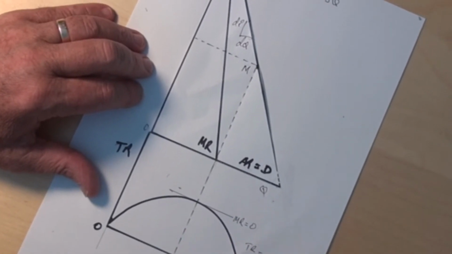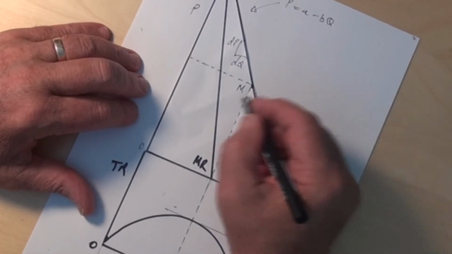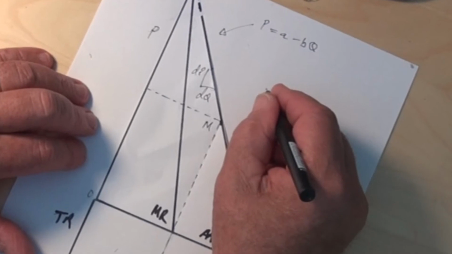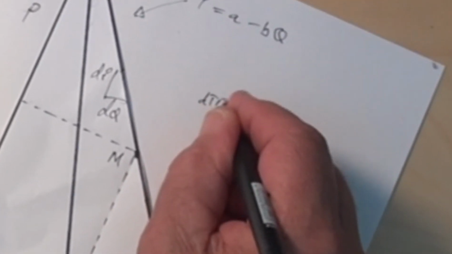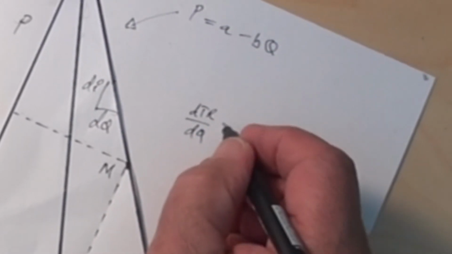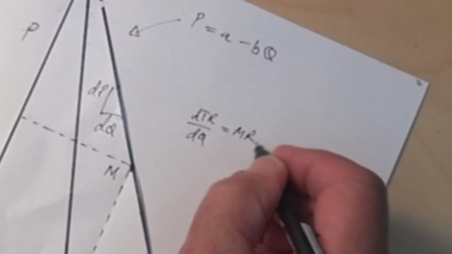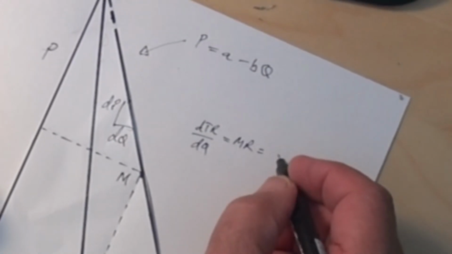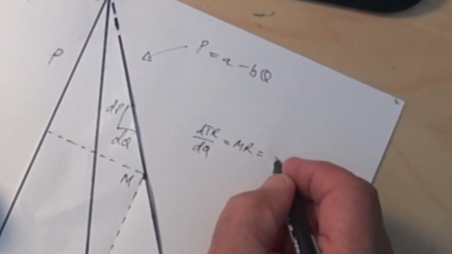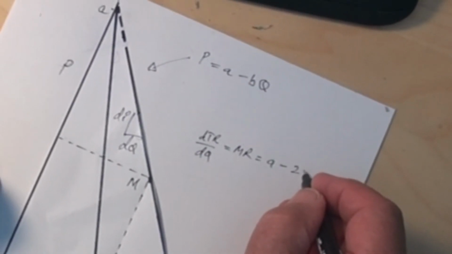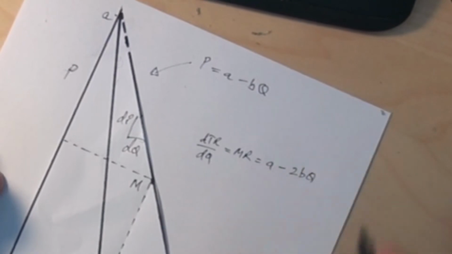And marginal revenue, then this curve here, becomes the derivative of the total revenue curve. So it becomes dTR over dQ, which equals marginal revenue, and if we take the derivative of that, it becomes A minus 2BQ.